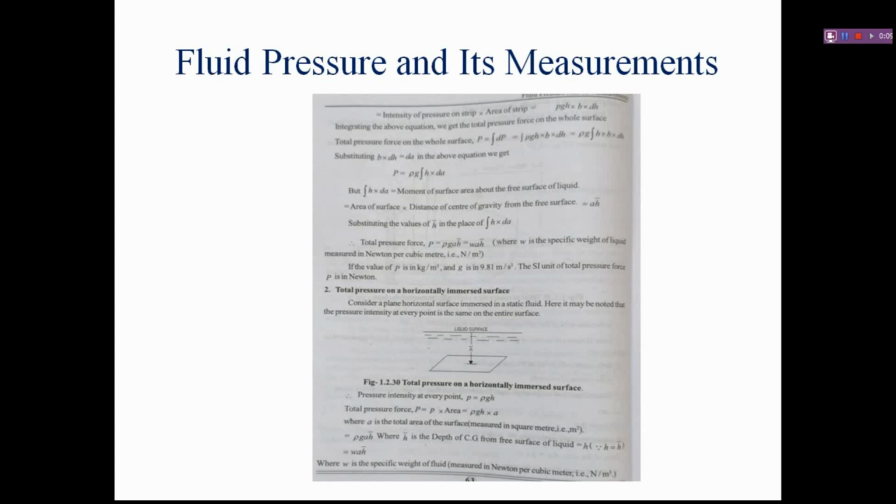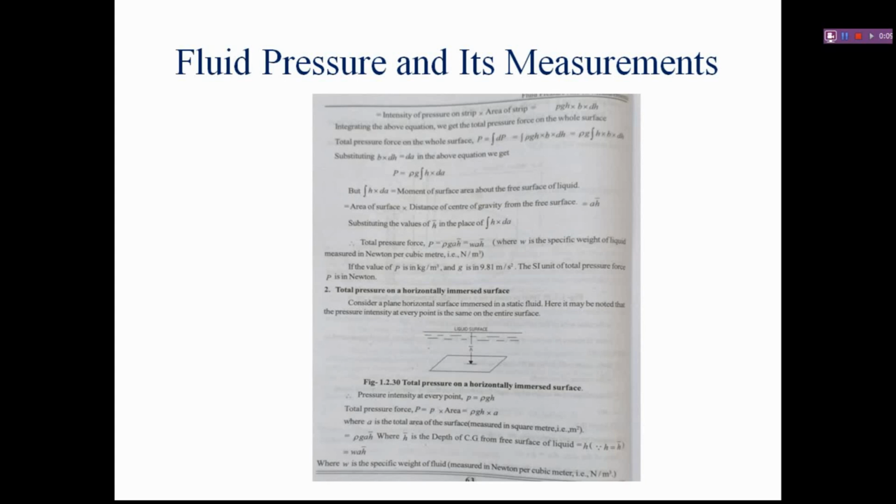Now we will move on to the next one, that is total pressure on a horizontally immersed surface. Earlier we discussed the object immersed vertically. Now we will check what is the equation for a horizontally immersed surface. Here also, same thing, consider a plane horizontal surface immersed in a static fluid.